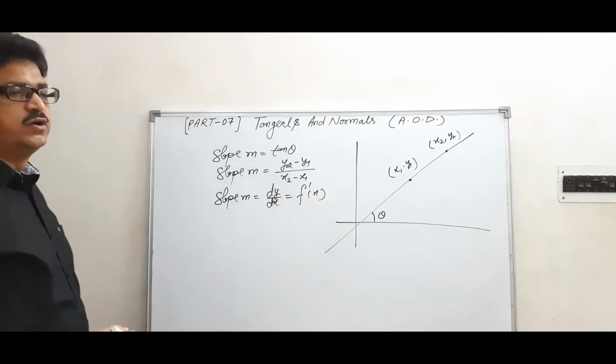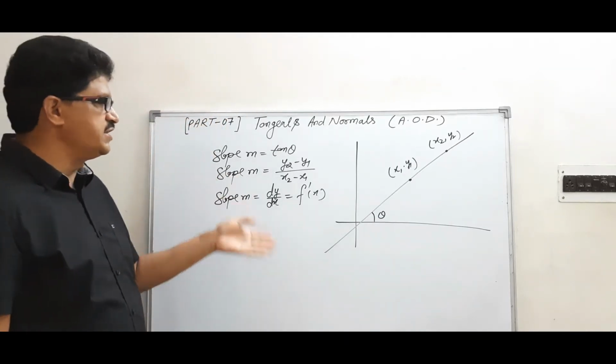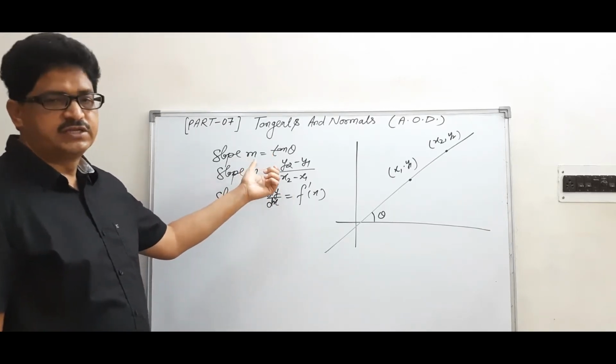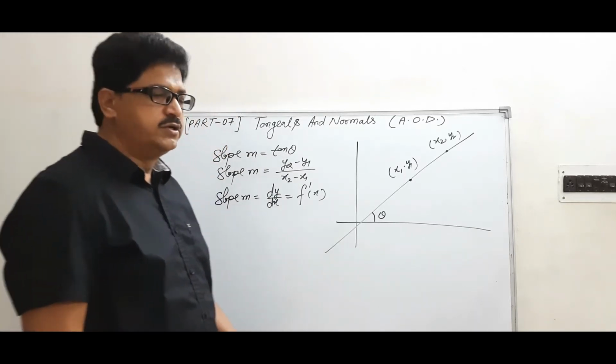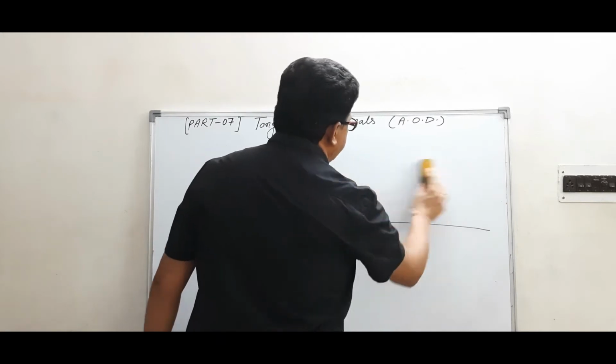Slope is also given by derivatives dy by dx, f dash x, that also has same meaning of slope of line. So now we talk about slope of tangent.